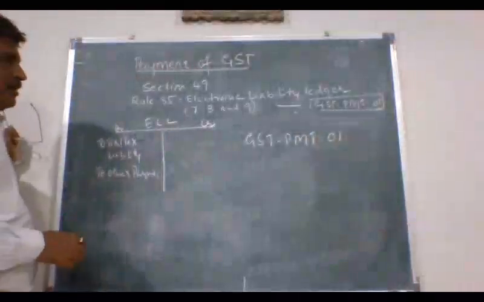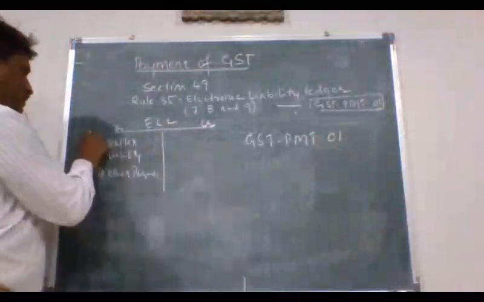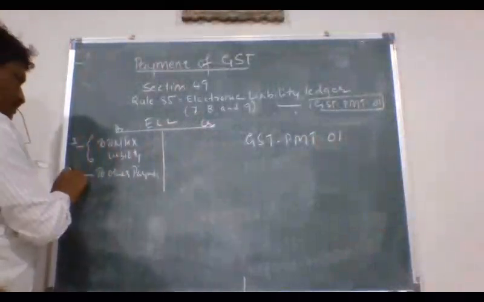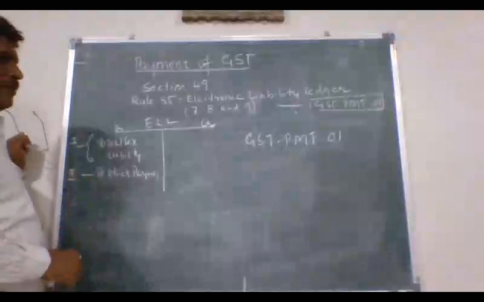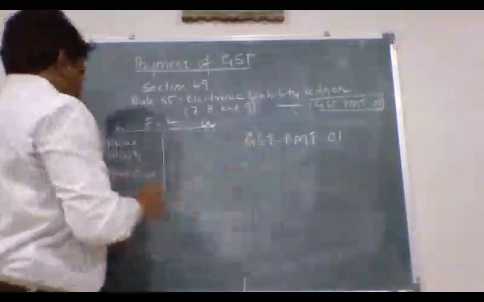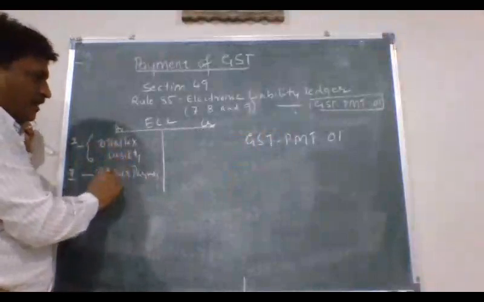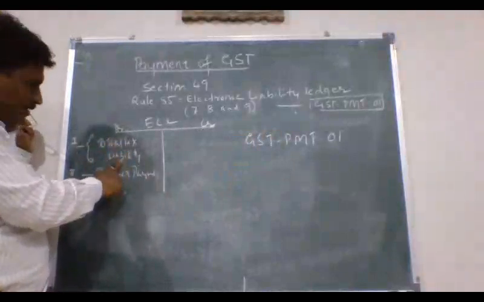Here there are two parts: part 1 and part 2. In PMT 1, we are going to find the total tax liability of the registered dealer.